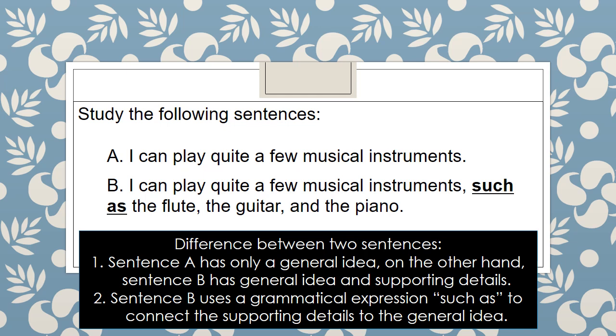Then the second difference is that sentence B uses a grammatical expression, such as, to connect the supporting details to the general idea, while sentence A doesn't use a grammatical expression, which is the such as for sentence B.